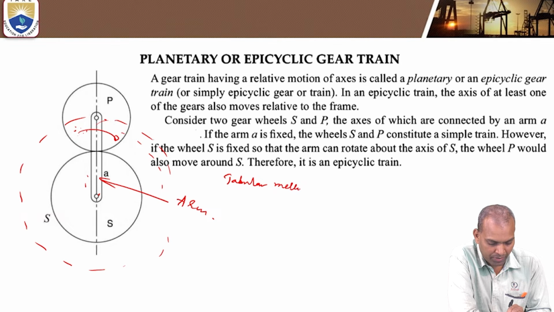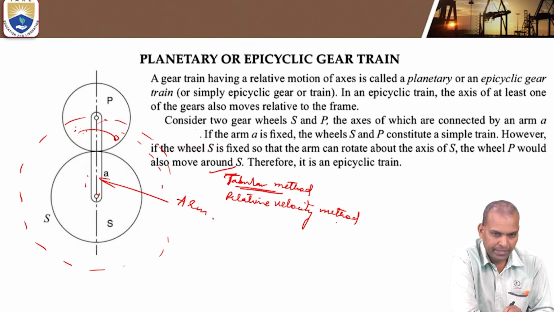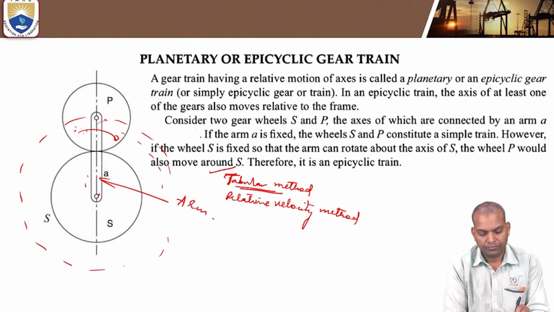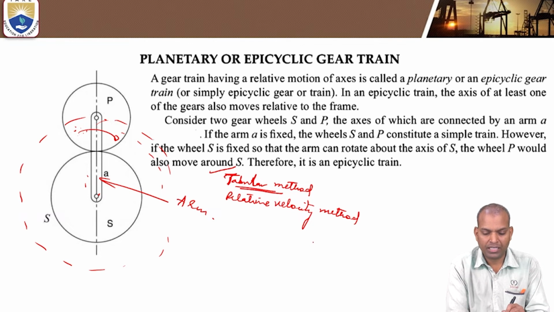Generally we follow the tabular method, which is the most applicable and easiest for solving the speeds of various gears in an epicyclic gear train.